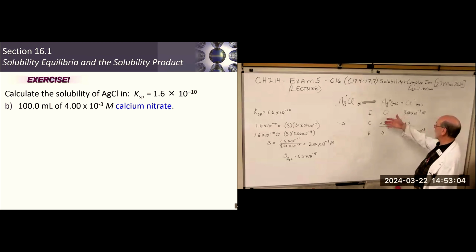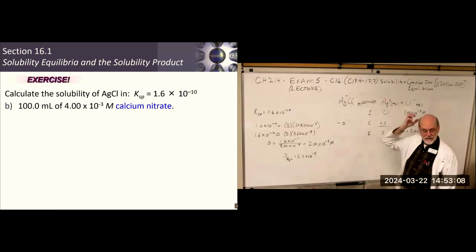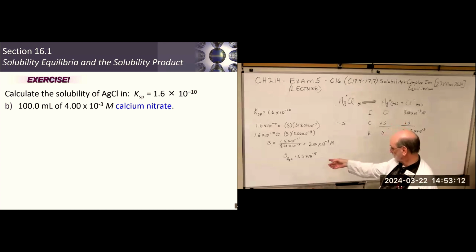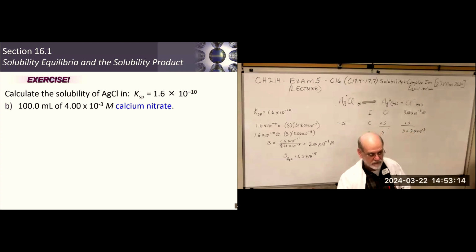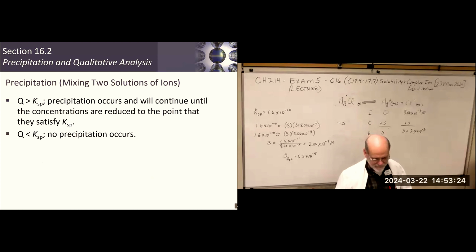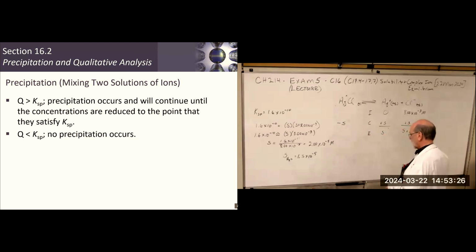So calcium ions in solution are not going to affect this. Nitrate's not going to affect that. So the solubility should be the same as in water, 1.3 times 10 to the minus 5. That should have no effect on the solubility. Okay? All right.